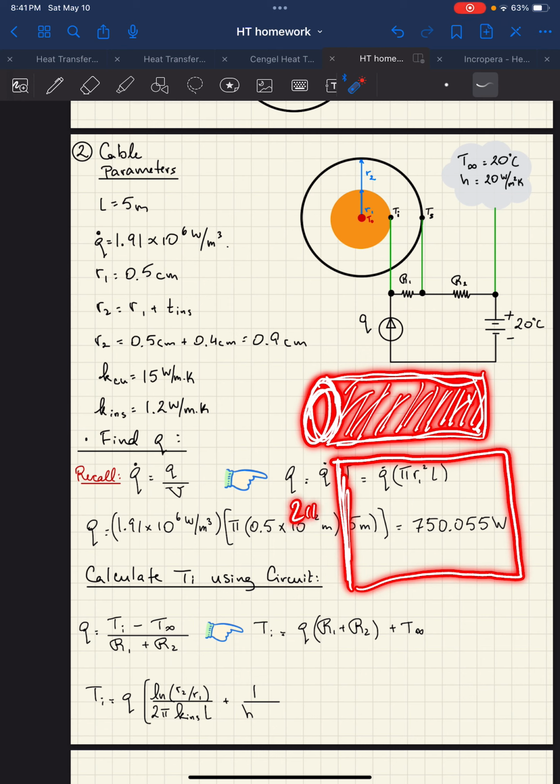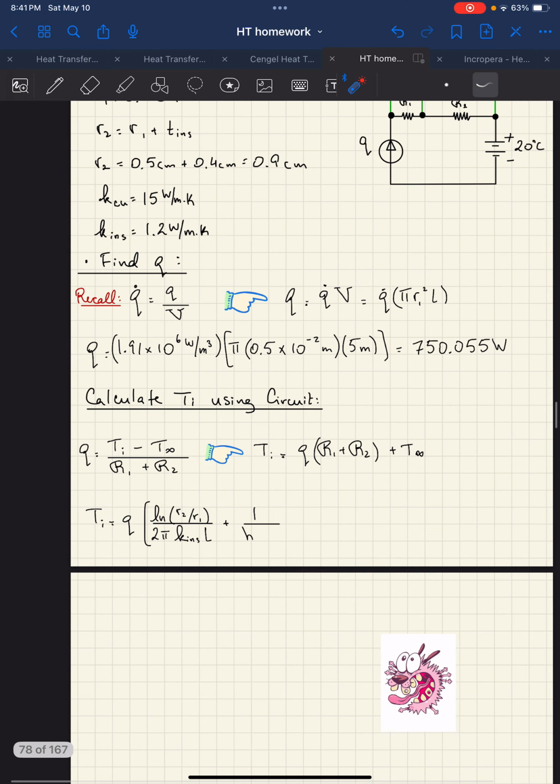So it's basically 2 pi r times the length of the cable. Okay, so it's basically 2 pi rL. But this r is the overall radius of the whole thing, so that's R2 times L, the length of the whole power cable. So it looks something like this.